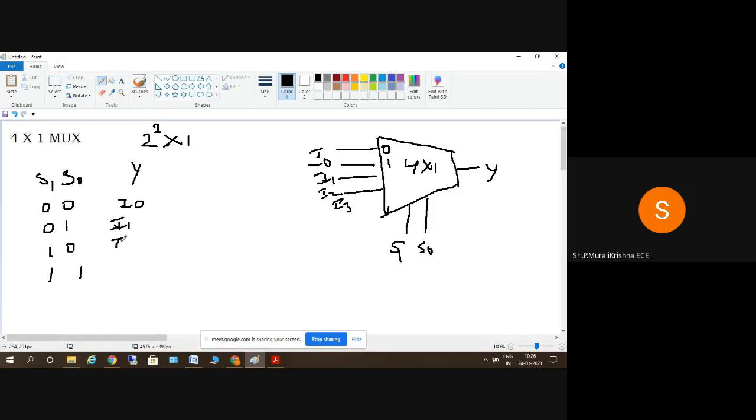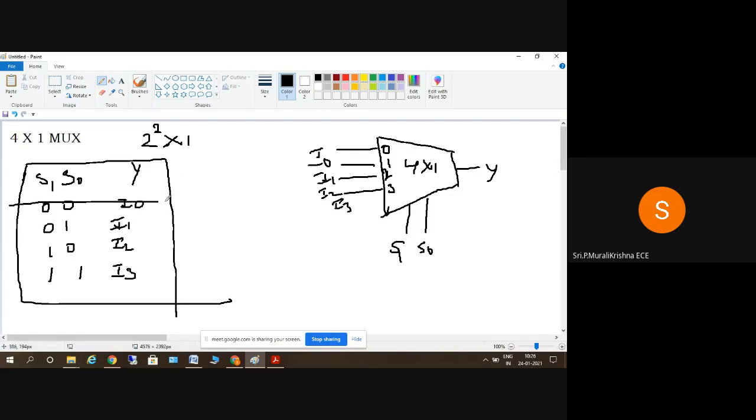If it is 1 0, I'll select I2. If it is 1 1, I'll select I3. So this is the truth table.